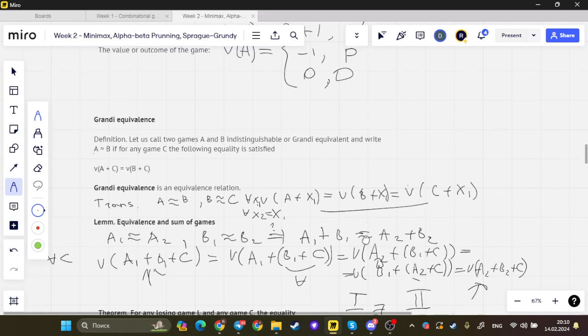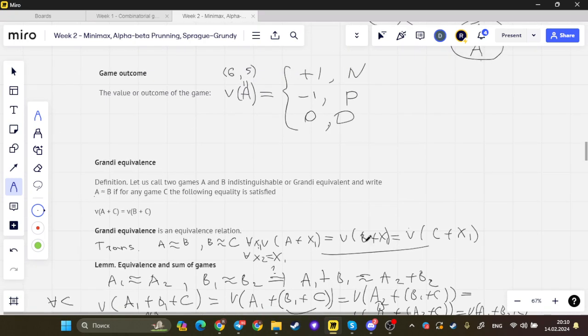It means for any game, if we take direct sum of this, the result of the game will be the same.